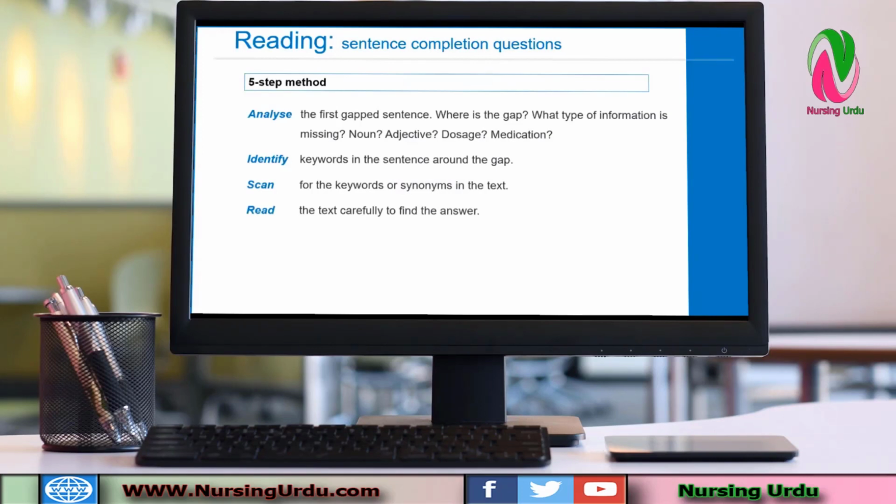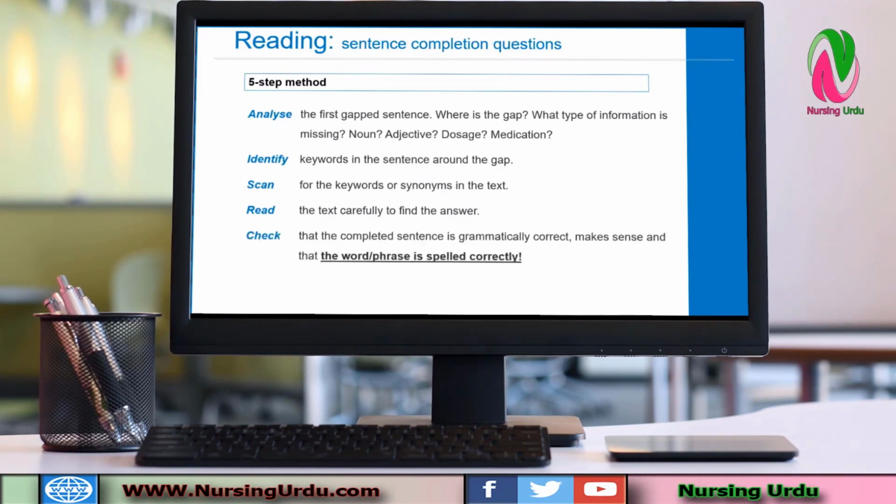Once you get to the correct section that you've located the keywords in, then you need to go back to the beginning of that sentence or the beginning of that section and do slow, careful reading and find out, okay, is this a match with what's in the sentence? And which part of information was I looking for? What's the missing part? And find it then in the text.